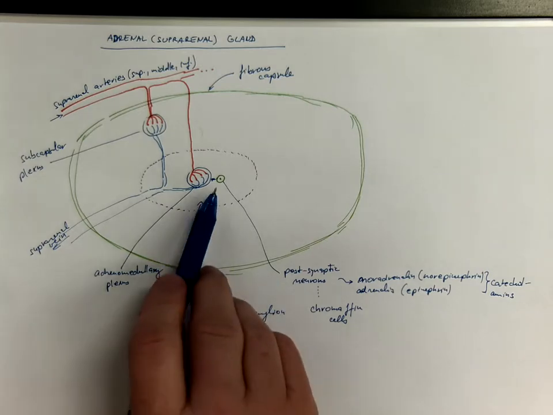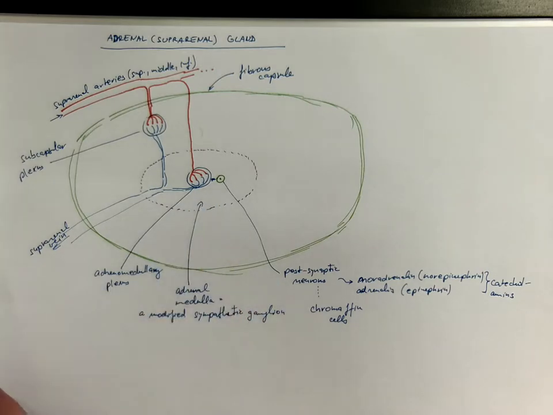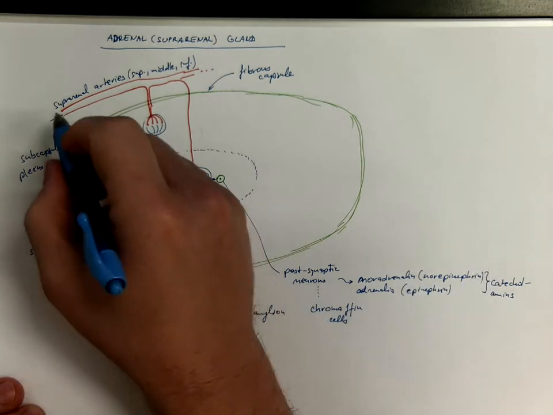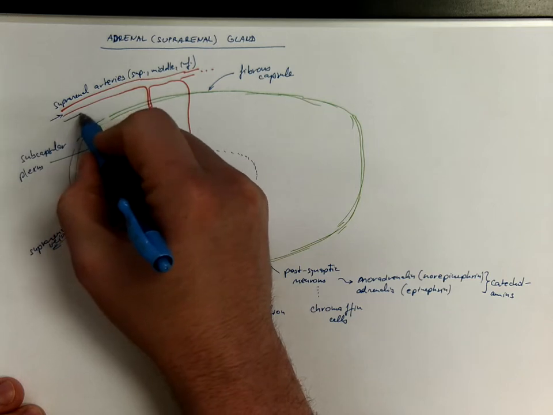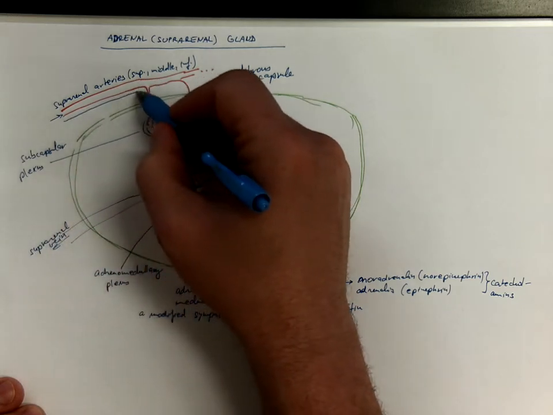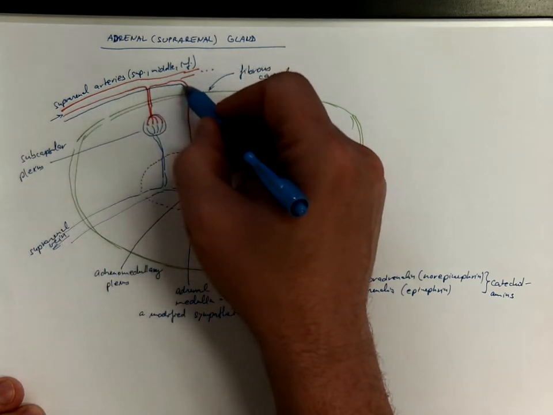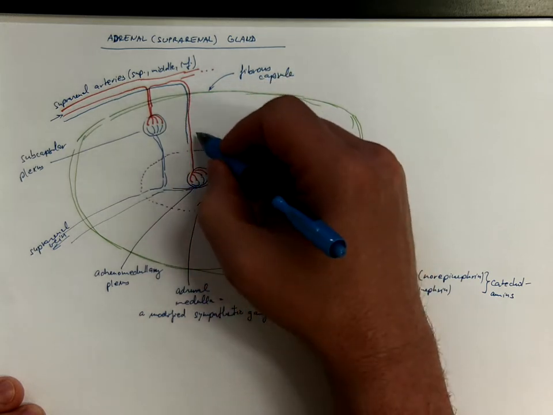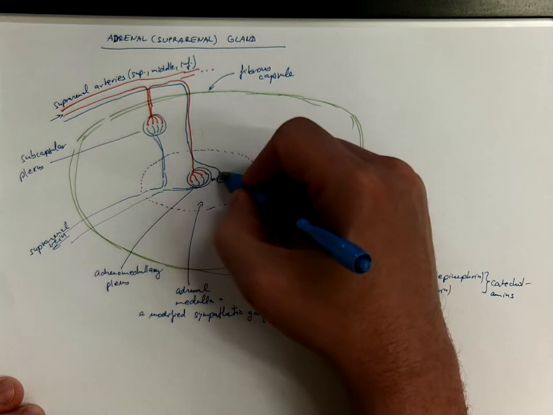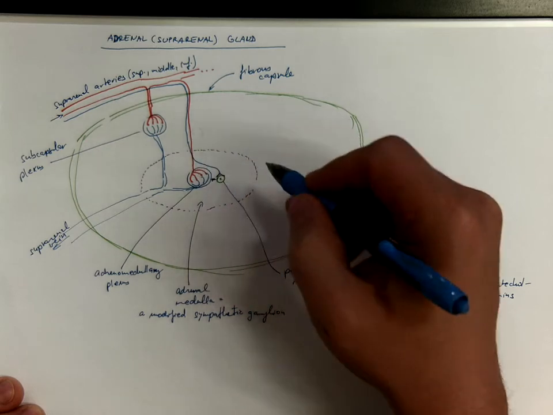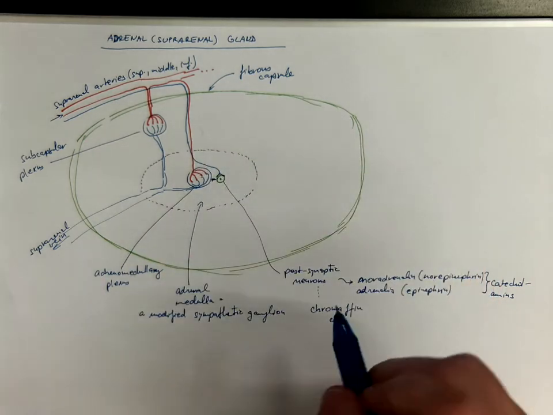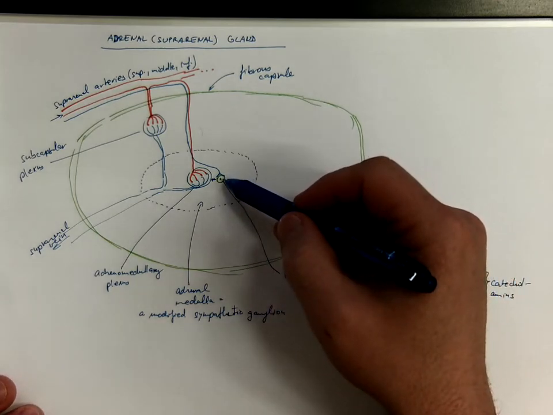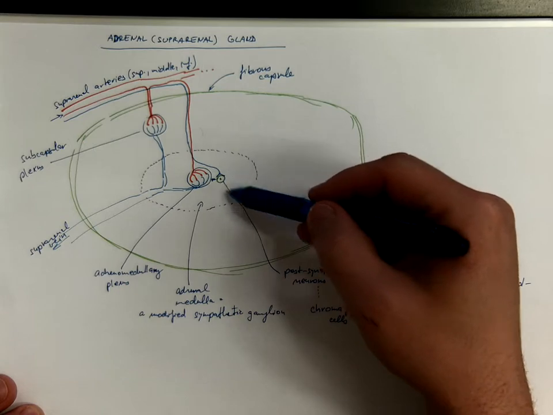I call this neuron post-synaptic because the sympathetic pathway consists of two neurons, and the axon of the first neuron comes along the arteries, and here it interpolates on the cell body of the second neuron, and that's why the second one is called postsynaptic.